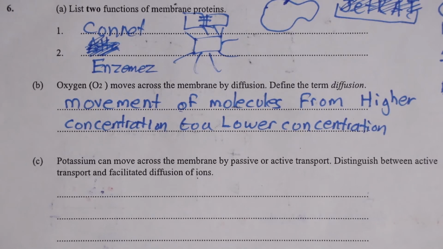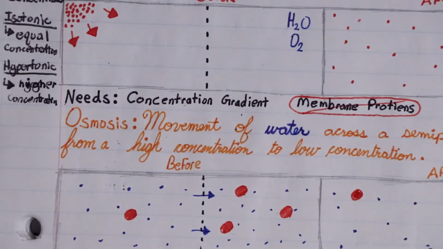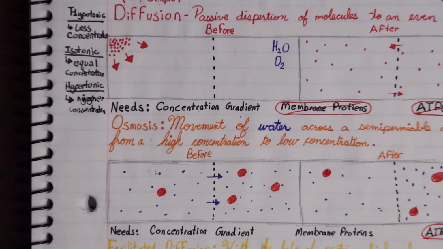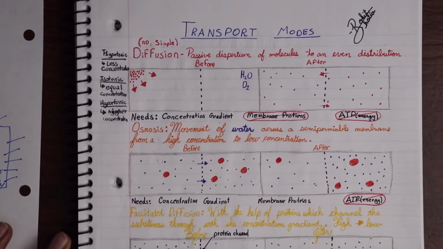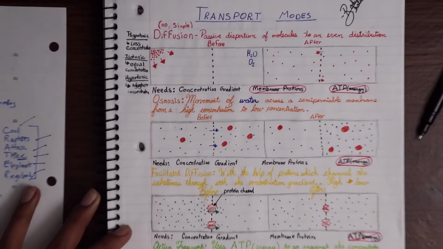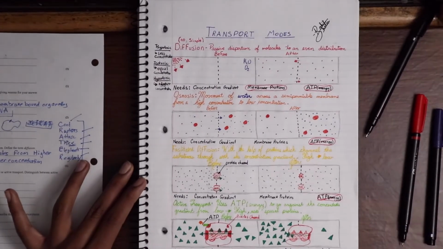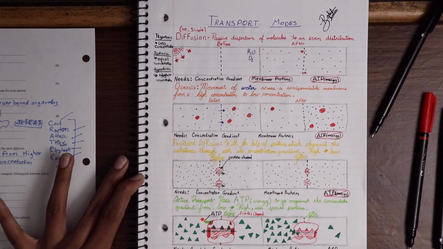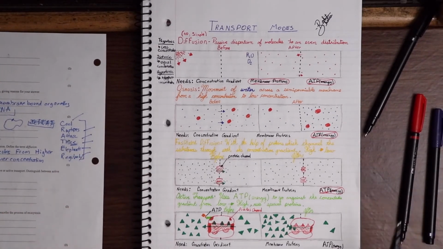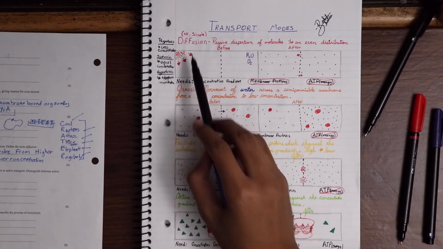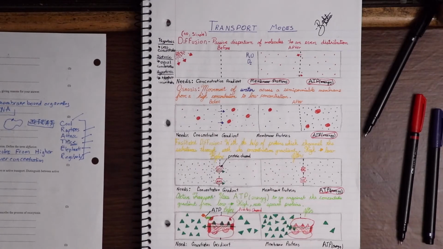Now, I made a huge array of notes a while back during class that displays a lot of the transport modes. You can see here, if I can get the entire page into view. It's got a lot. That's good enough. But yeah, so we have diffusion, osmosis, facilitated, and active transport.